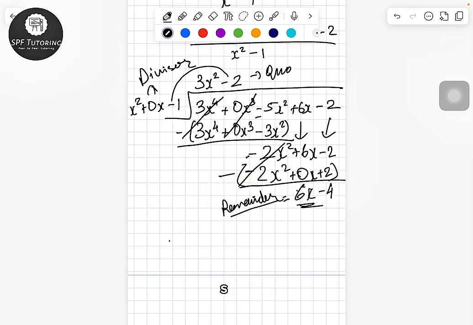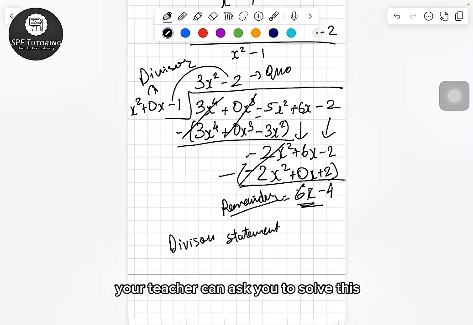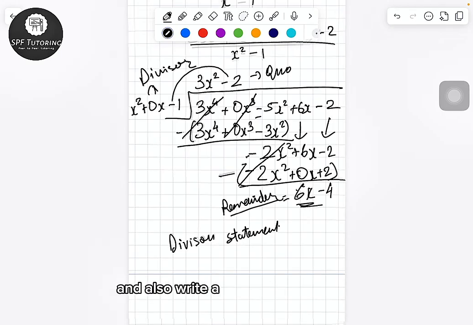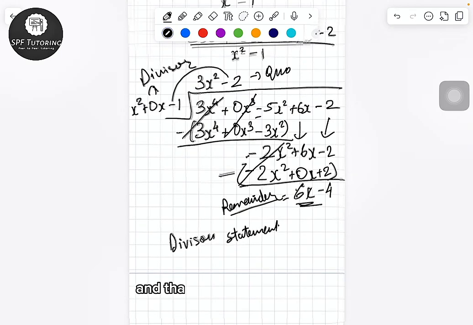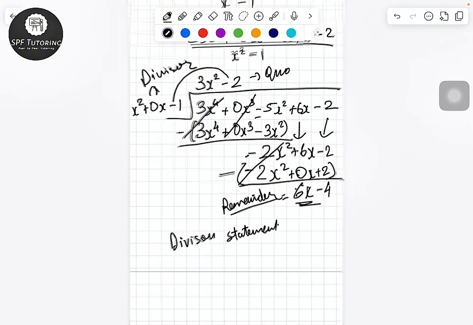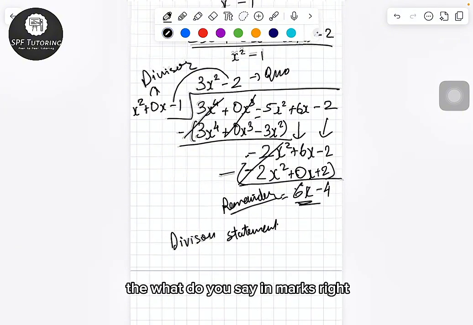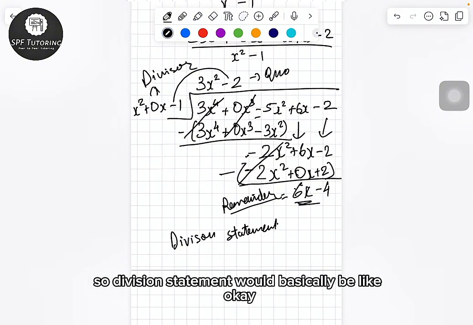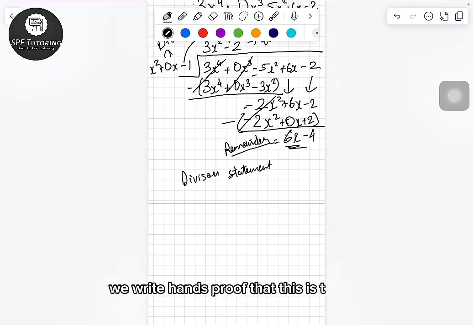Because I have studied it, and I know that it's called a division statement. Sometimes your teacher can ask you to solve this by doing long division and also write a division statement, and that is also considered in marks.